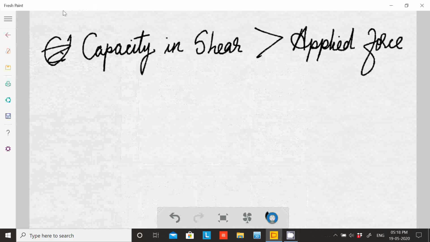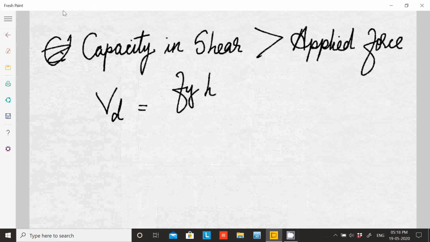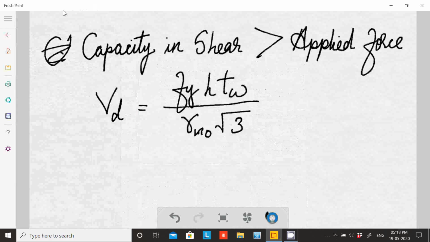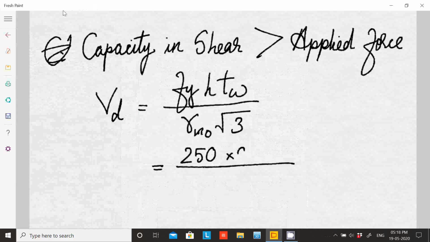Okay, so the formula for the capacity in shear is equal to Fy H Tw by gamma m naught root 3. Fy is 250, then H is 350, total depth of the section, Tw is 7.4.